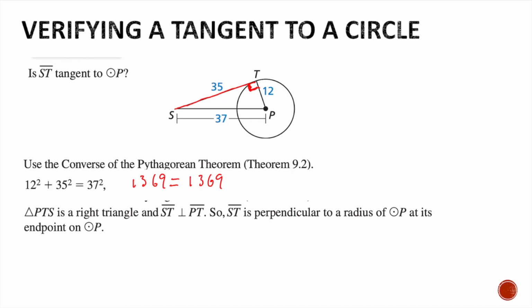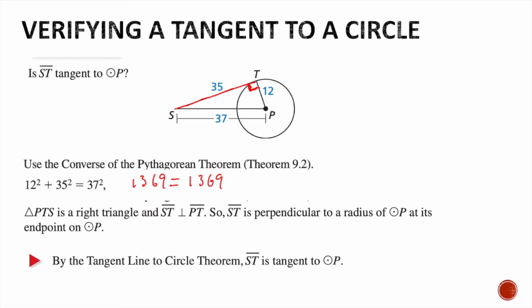So yes, because it satisfies our Pythagorean theorem, ST is perpendicular to PT. So line segment ST is perpendicular to the radius, hence it is a tangent to the circle. Hopefully you got that.